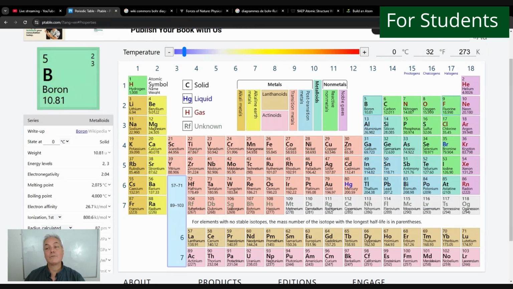As you can see, going from left to right, the atomic mass is also increasing. And if you go down one column, let's take lithium 6.94, I go to sodium 22.9, and then 39.09. So as I go down a column, we also increase the atomic mass.